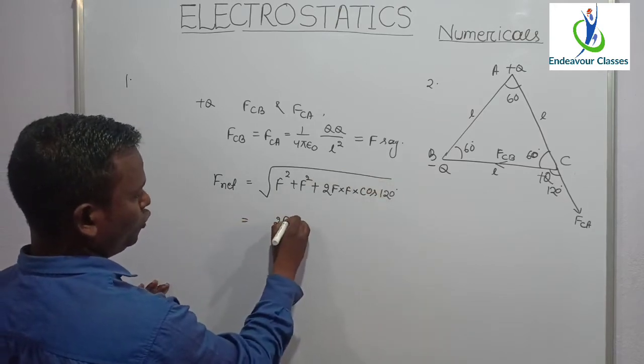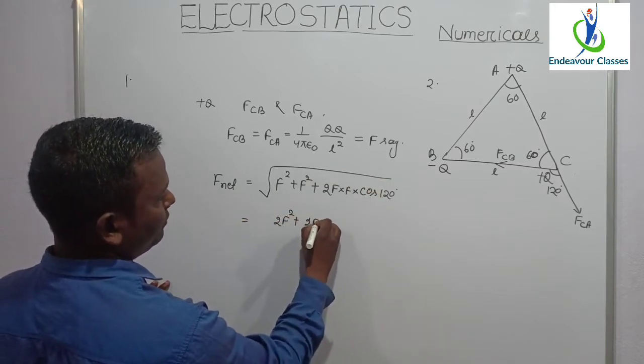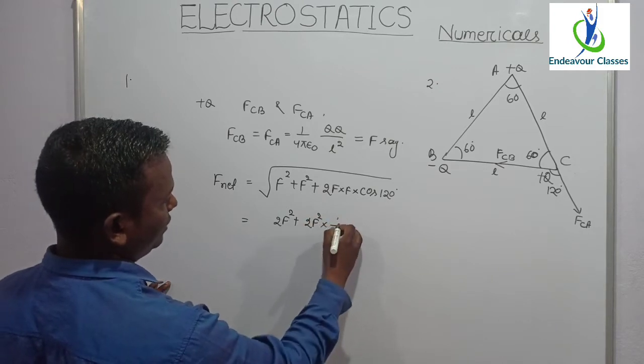So it will give us the square root of 2F square plus 2F square into cos 120, and the value of cos 120 is minus 1 by 2.